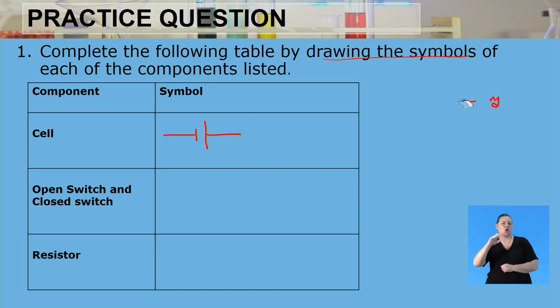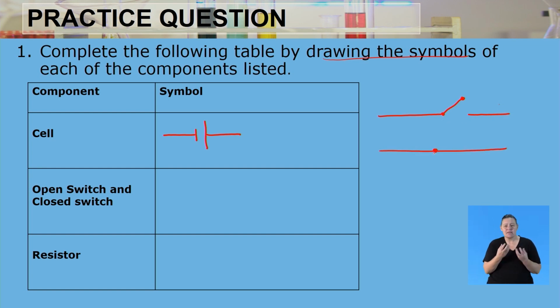Now, the next one, we need to draw a symbol for an open switch and a closed switch. Remember, this is found within a wire, whereby in your wire, you can have an open switch and we can also have a closed switch. So this is our open switch because there's a disconnection between these two wires. But if it's a closed switch, it's just going to be one continuous line with two dots to show that a switch is there.